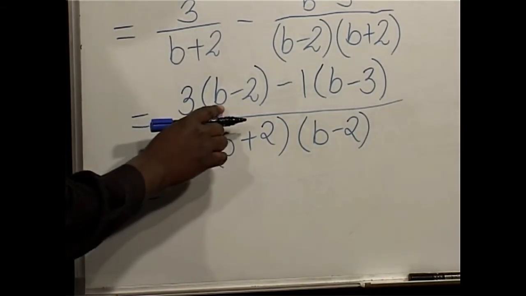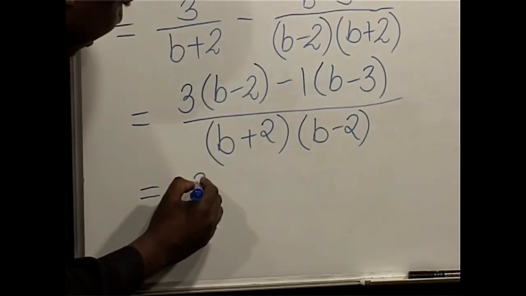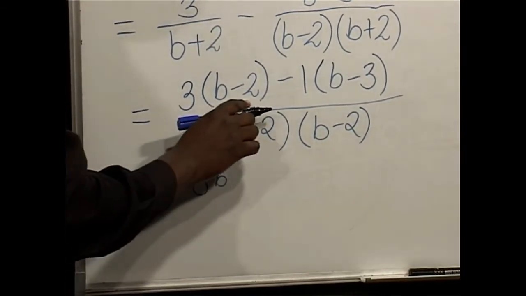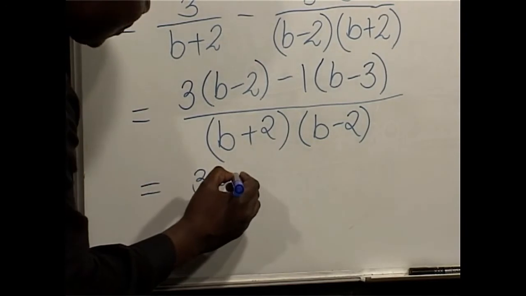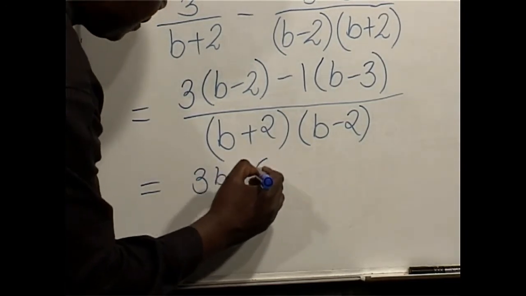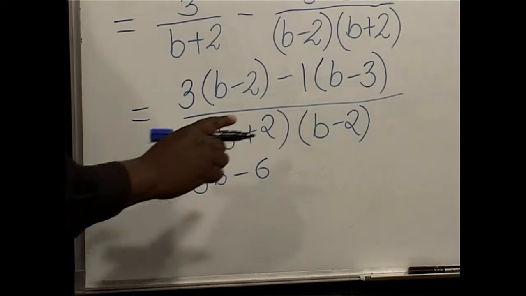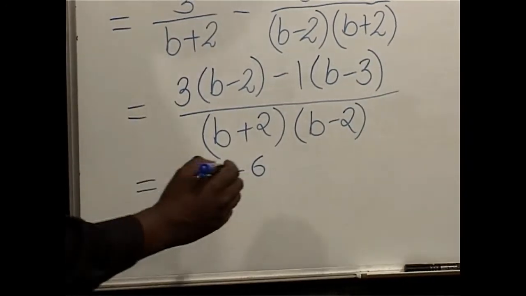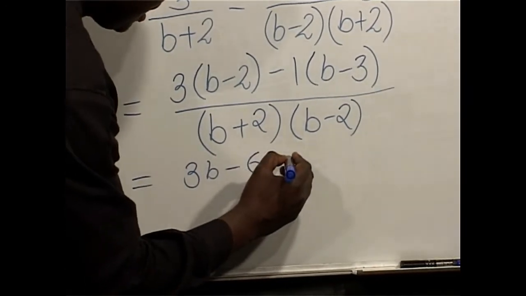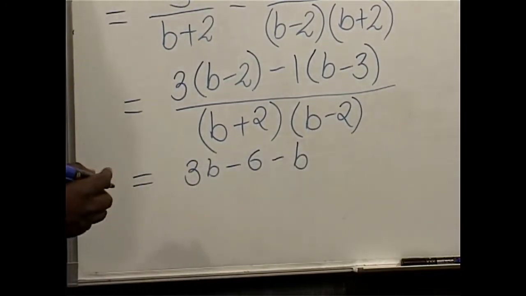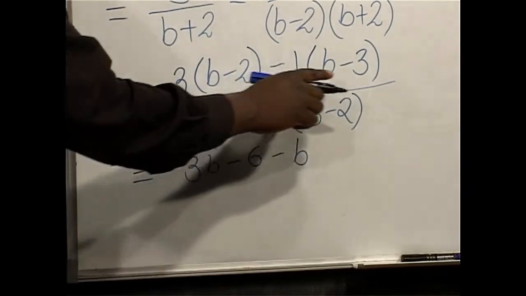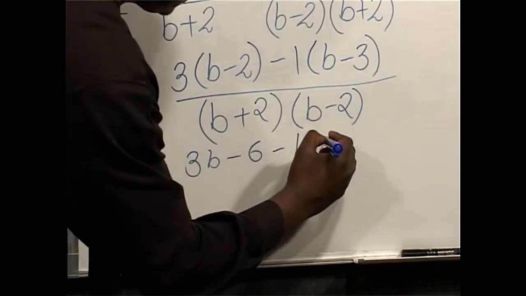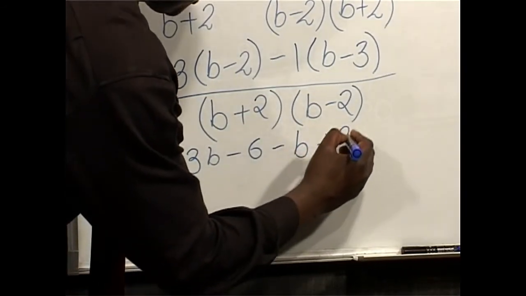3 multiplied by b gives us 3b. 3 multiplied by negative 2 will give us negative 6. We have negative 1, which must be multiplied by b, and we are going to get negative b. Negative 1 multiplied by negative 3 will give us positive 3.